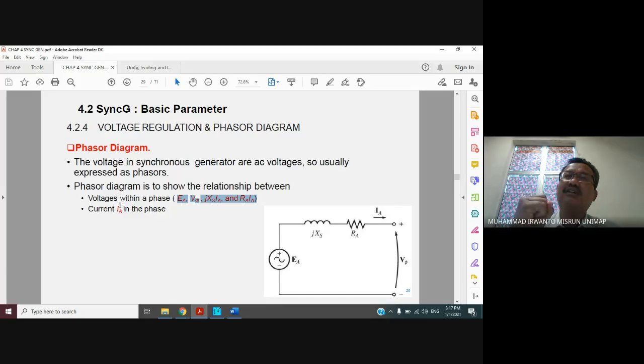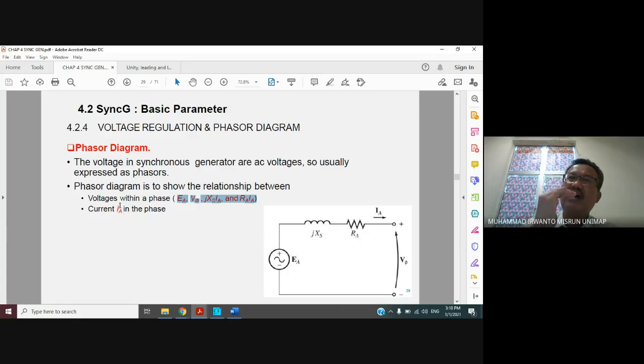The synchronous generator operates at some cos theta or power factor, and then we want to know whether IA is unity, lagging or leading. IA unity means IA is in phase with the phase voltage.